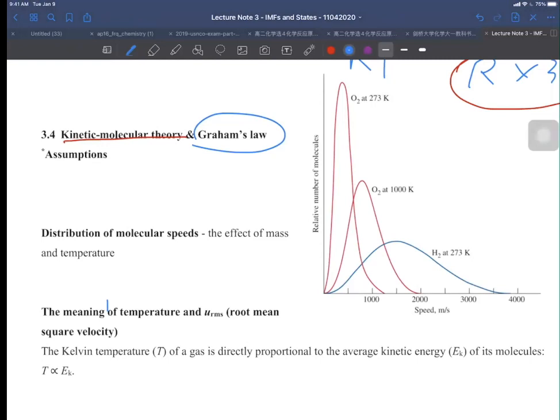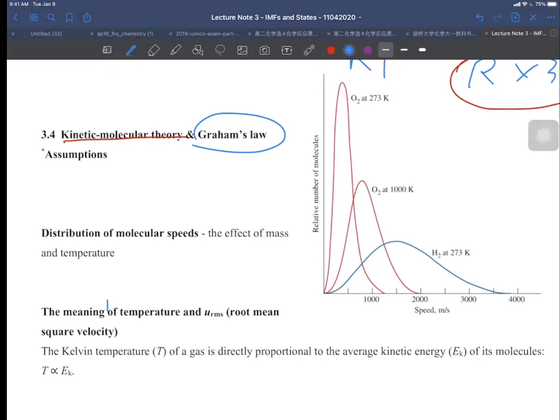Secondly, we suppose the distances among the gas molecules are far apart, which means we can ignore the size of the molecules themselves. The third point is we also ignore the intermolecular forces among the gas molecules. And lastly, we suppose their collisions are completely elastic, which means there is no energy loss during the collision.